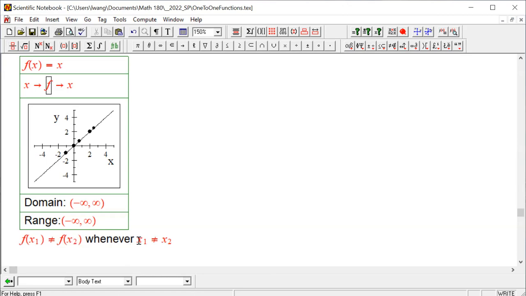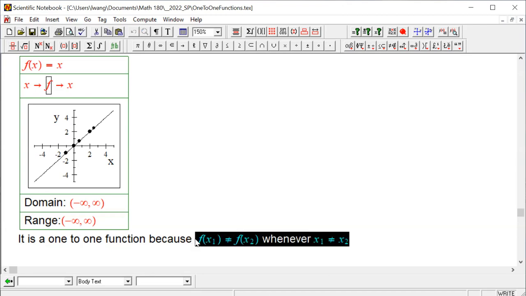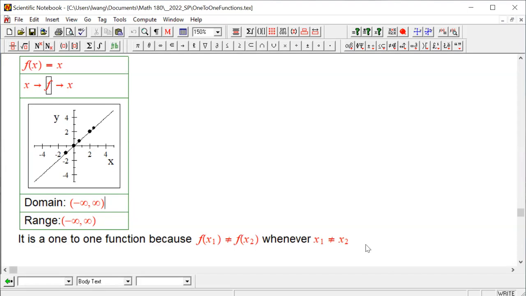So the words you use, you will say it is a one-to-one function because this is always true. The domain is all real numbers, right? x1, x2. You can say x sub 1 and x sub 2 are from the domain.